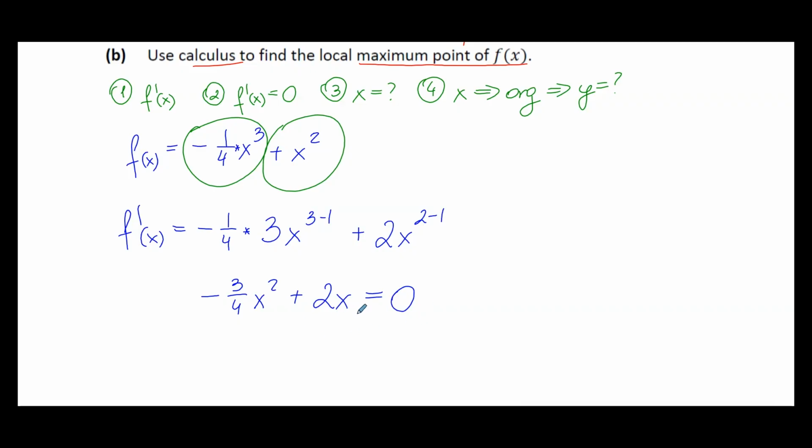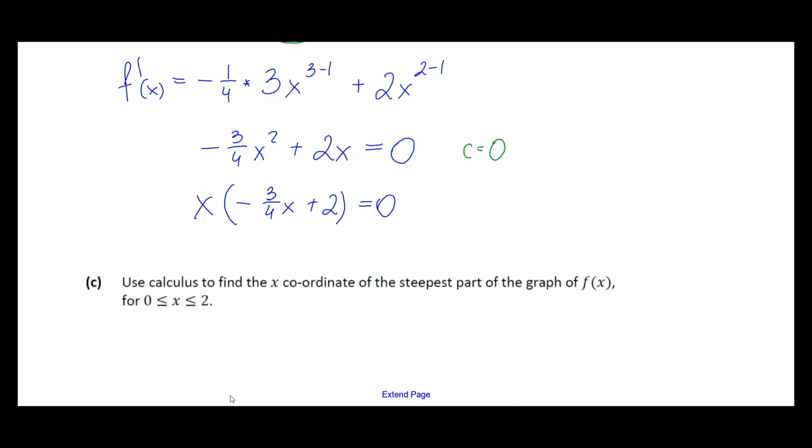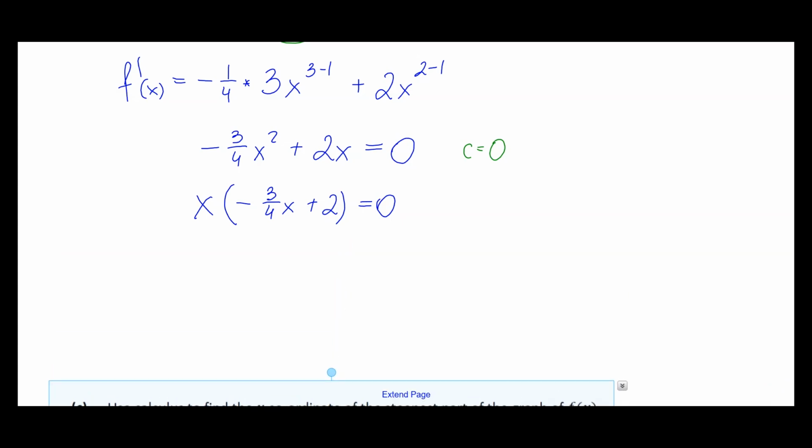If you are wondering, the only difference here is that we don't have c, so c will be 0, and we can put that in our formula, or we can take x in front of the bracket. That will work as well, and therefore we have just two factors. So one is x equals 0. The second one is minus 3 over 4 x plus 2 equals 0.